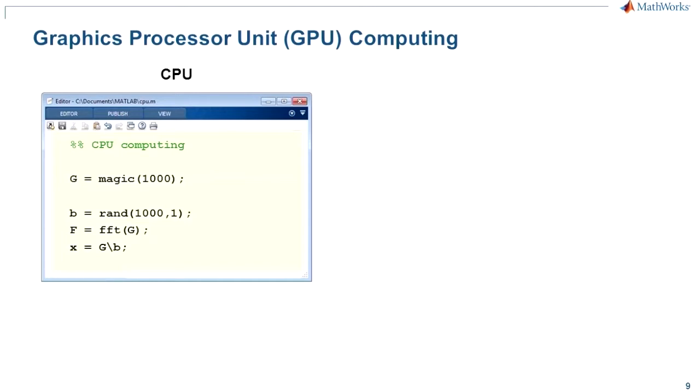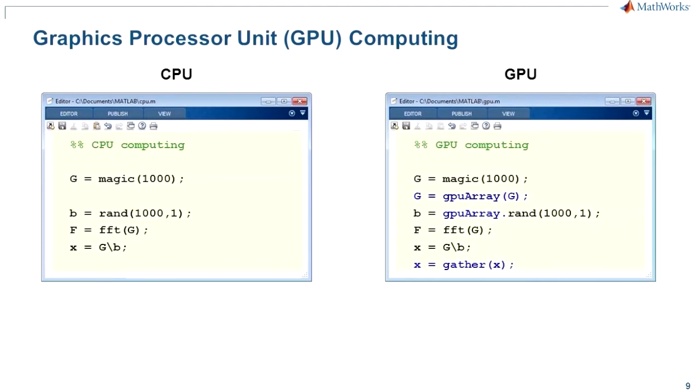So what we're seeing here is the CPU code on the left-hand side. And now introducing in blue is the additional code you would write to basically say, I would like some of these variables to actually be moved over to the GPU or computed on the GPU. And then all the computation, in this case, a fast Fourier transform and a backslash solve, is actually done on the GPU itself, and when the result is done, you can gather the results back into MATLAB.